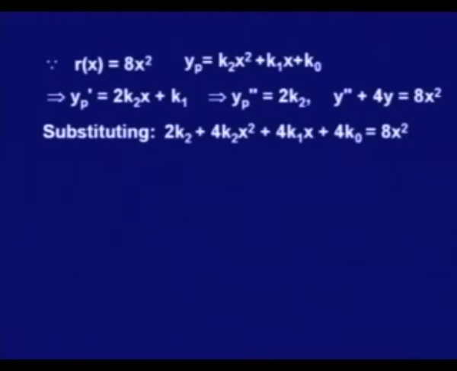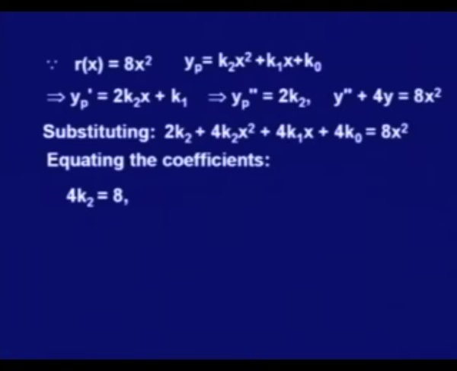Now, to find these constants, we will compare the coefficients of different powers. Equating the coefficients, the coefficient of x² on the right hand side is 8, while on the left hand side it is 4k2. So, the first equation we get is 4k2 = 8.